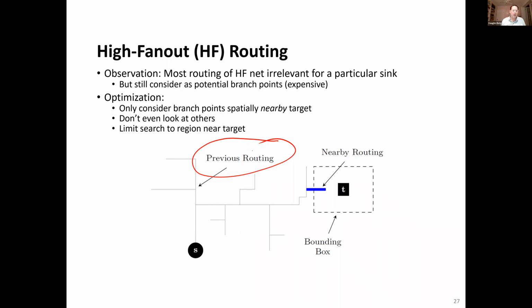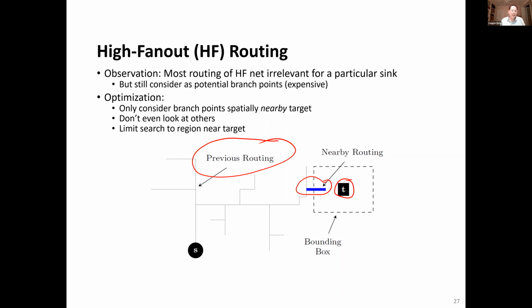All these black wire segments have already been put into the routing tree based on connecting previous connections that are part of this net. And I would use some kind of sorting structure to figure out how I should branch off of this to get to my new target.